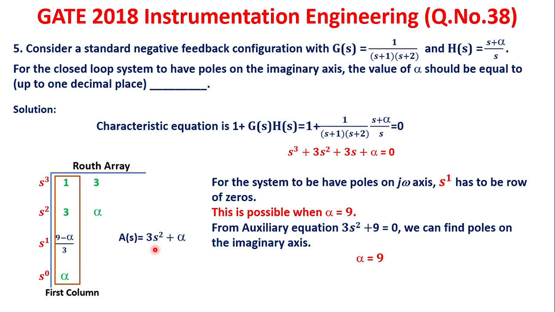So we can find from the analysis that problems asked in GATE as far as the Routh stability criterion is concerned are in no way different from what we have already worked in the control systems lecture series. If you go through my control systems lecture series, lecture 9, similar problems are worked out and similar concepts are explained.